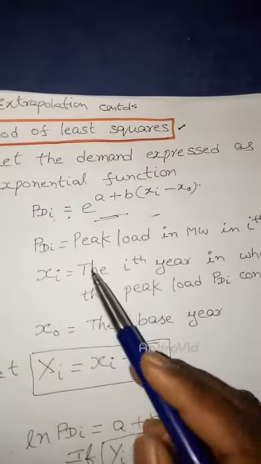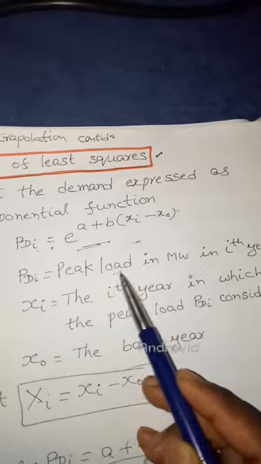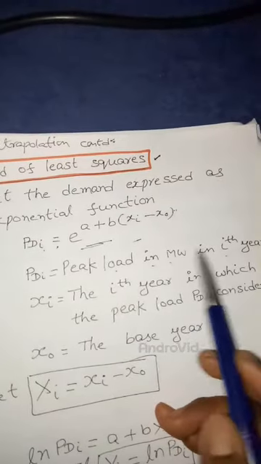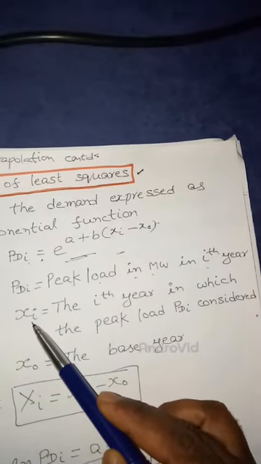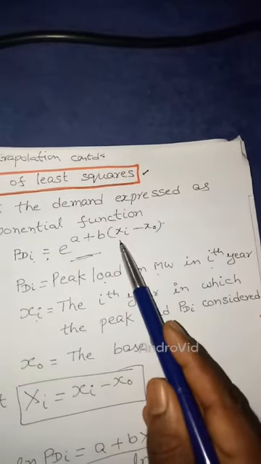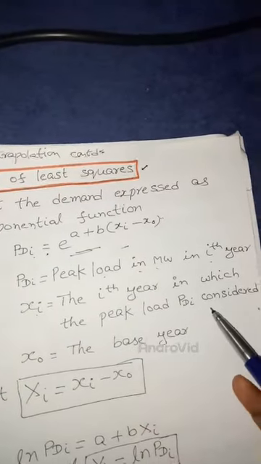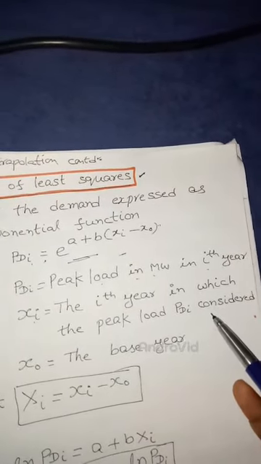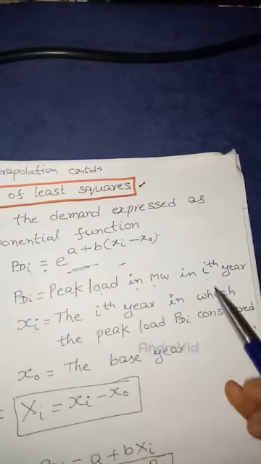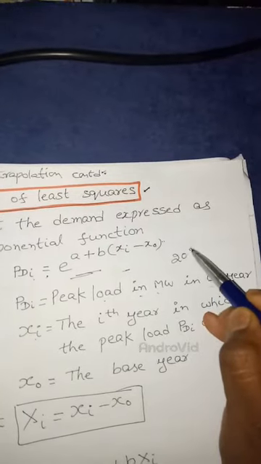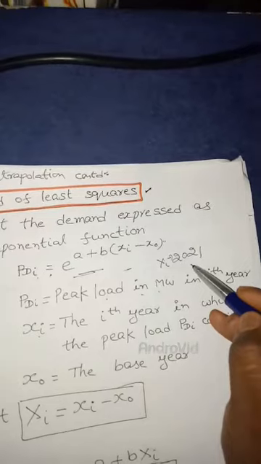So we'll see here, PDi is the peak load or peak demand in megawatts in the ith year. This i is for the ith year. Next one, xi. What is xi? This xi is the ith year in which the peak load is considered. If I want to find 2021, then xi will be this year.